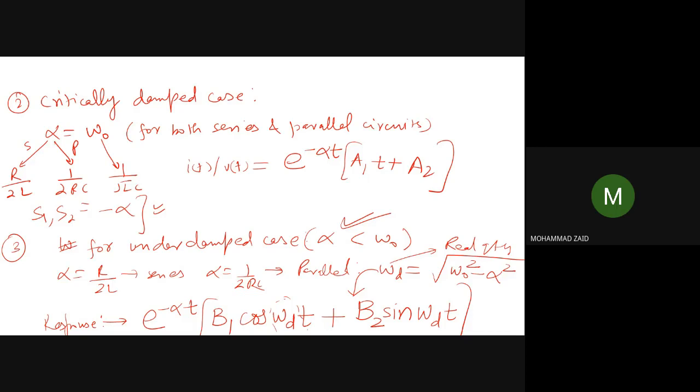And similarly, if the resistance is very high in the case of a series circuit, then alpha can be a very high value. Okay, so for computation of numerical problems, as we have seen earlier also, we need all these parameters.